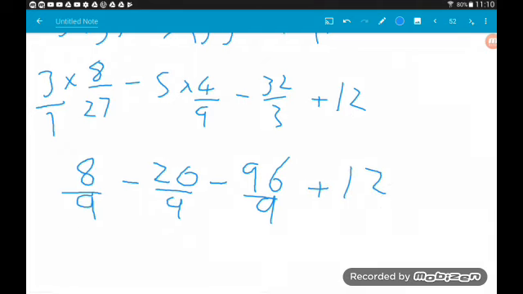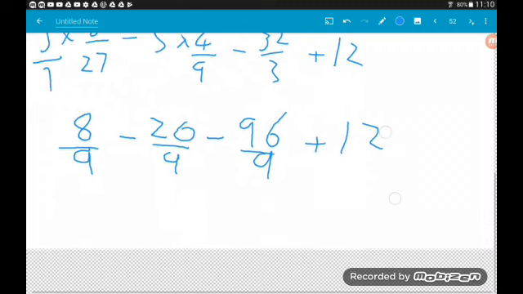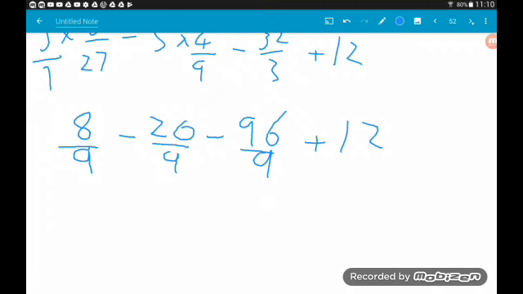So we've got 8 ninths, minus 20 ninths, minus 96 ninths. Well, 8 ninths minus 20 ninths is minus 12 ninths. Let's just do it nice and slowly.